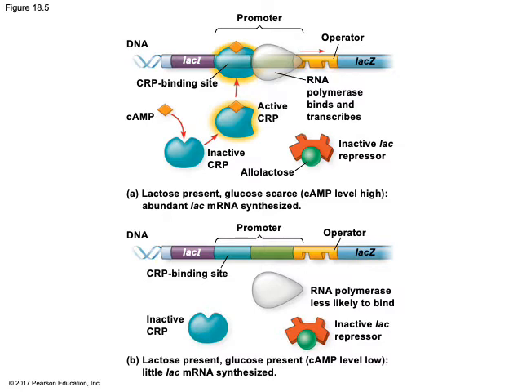Okay, so even if we get an on signal, we've got a stop in front. Okay, but in the absence of glucose, we're going to have the CRP binding to the CRP binding site. And in the presence of lactose, there's going to be no regulatory protein blocking.